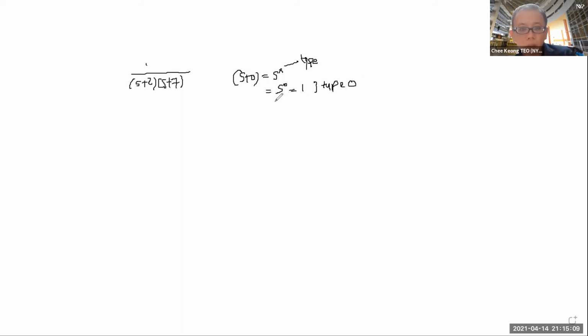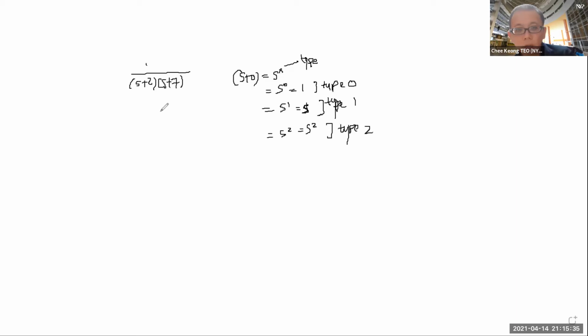If it is s to the power of 1, that is s, so this will be type 1. If it's s squared, then it is s to the power of 2, so this is type 2, and so on and so forth.